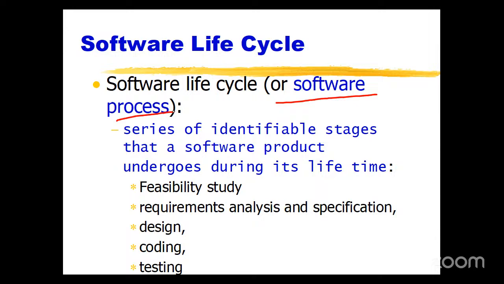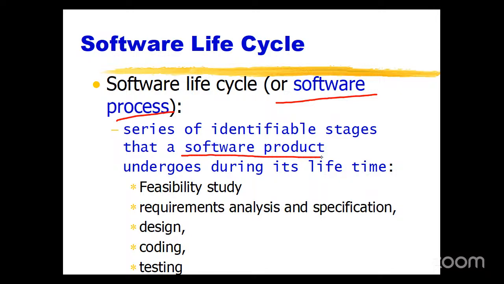The software product may be your project, your item, your hardware device, your software device, or a mixture of all these things. So it undergoes its lifetime. During its lifetime, starting from the beginning till deployment or after deployment, the process that is adopted by any project or product is called the software life cycle.